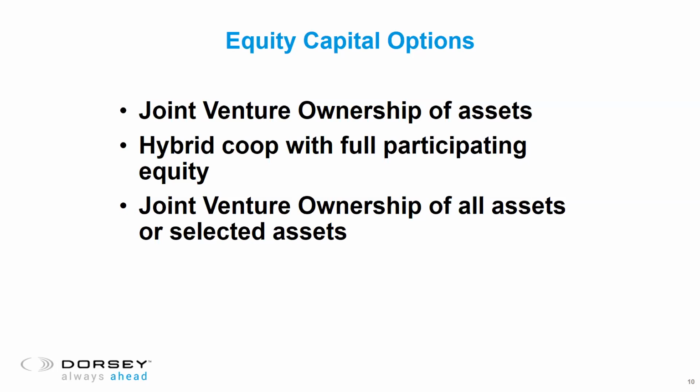In any event, joint ownership. I'm just going to use the example of ethanol. In the late 80s and into the 90s and the early 2000s, ethanol was a big growth industry in rural America.